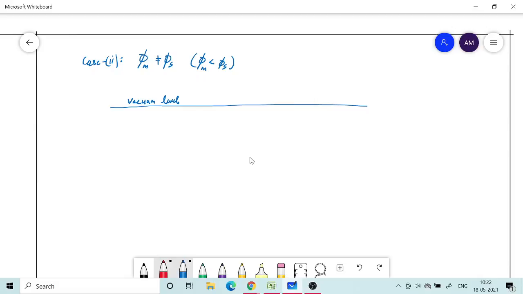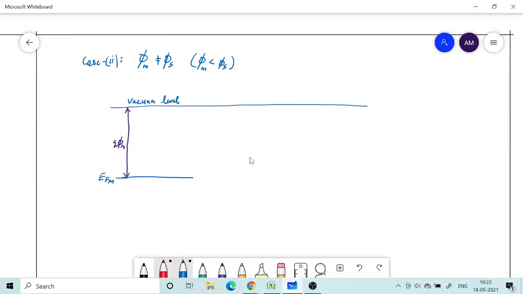Whatever the value of that phi m, accordingly you take, suppose this is our q phi m. Then what we can do is draw here what is called EFM. So far everything was the same.